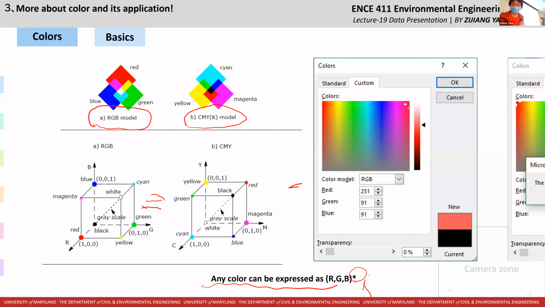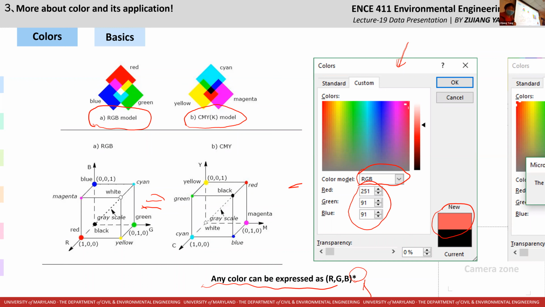So anyway, in PowerPoint, if we are defining a color, we may have an interface like this. If we choose a color, we can select the color model, and then we can assign a value to this color.